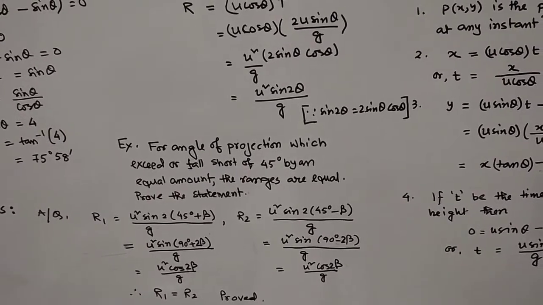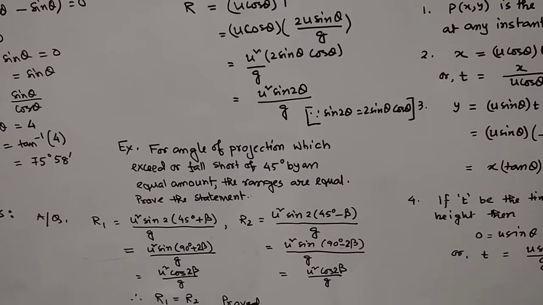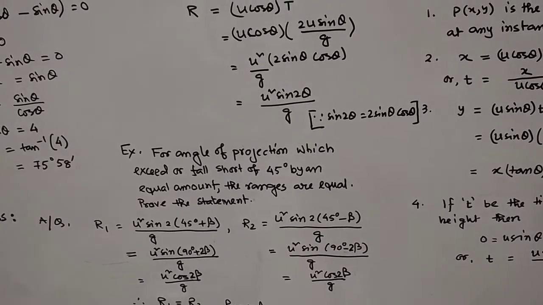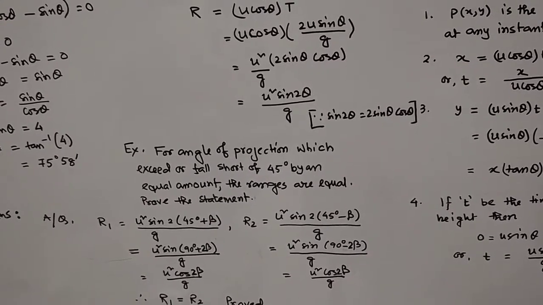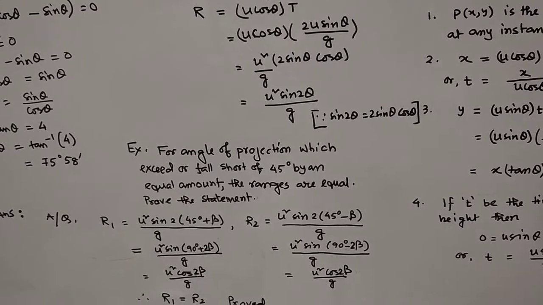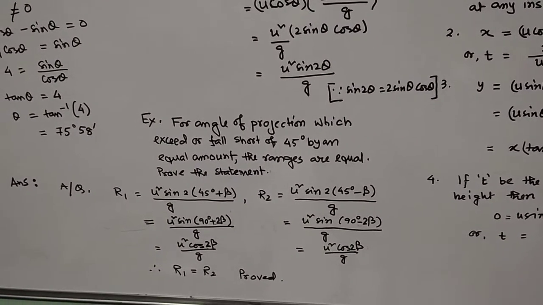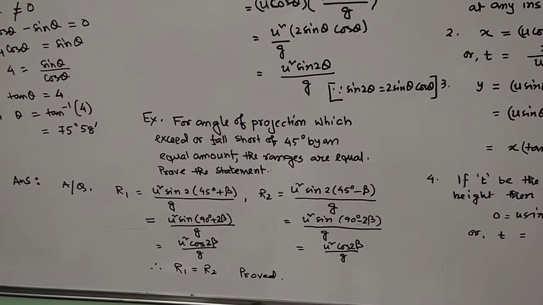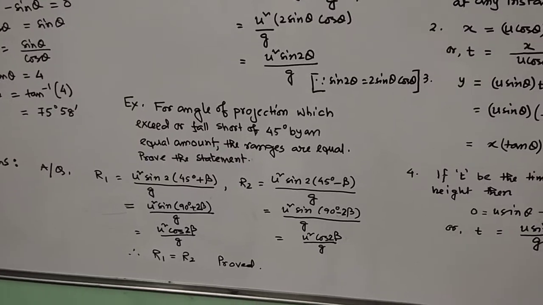Again, now for the angle less than 45 degree by the same amount, R2 equals u square sin 2 times (45 degree minus beta). If you simplify, u square sin of 90 degree minus 2 beta, again u square cos 2 beta by g comes. So you have seen that R1 equals R2. This proves the statement.